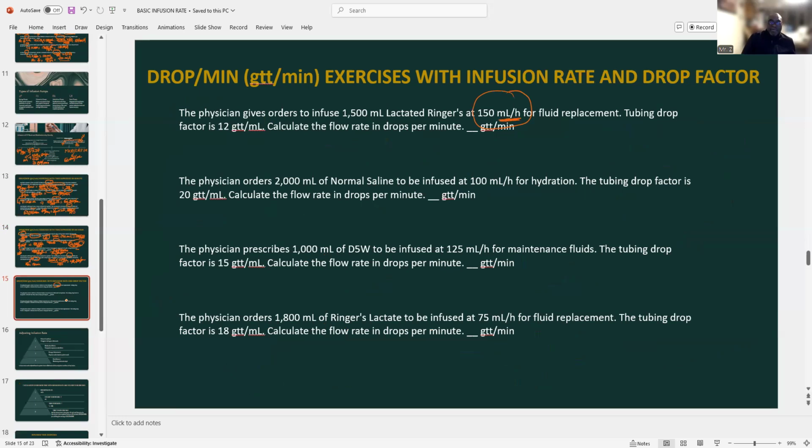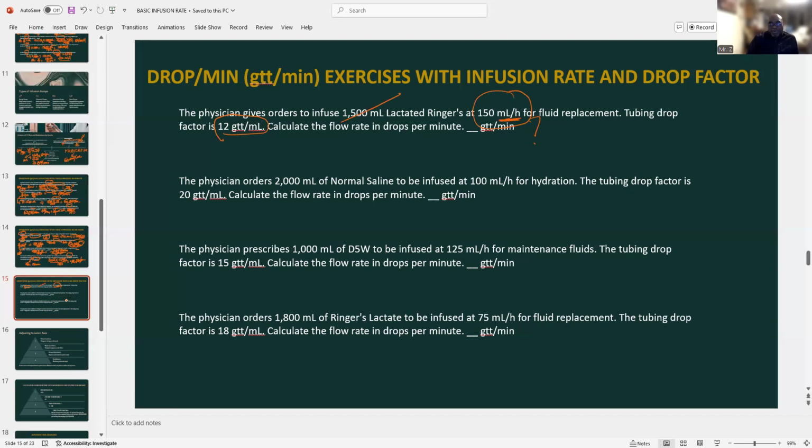So anytime in any exercise they give you an infusion rate in the shape of milliliters per hour, and then they give you a drop factor, and they ask you to find drops per minute, don't worry about the other quantity in your problem.